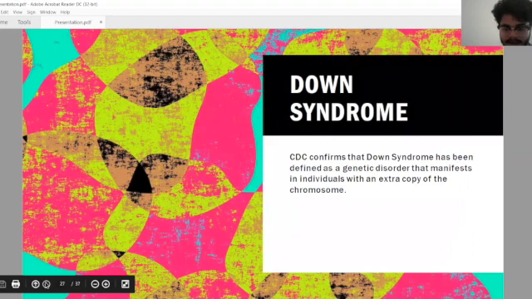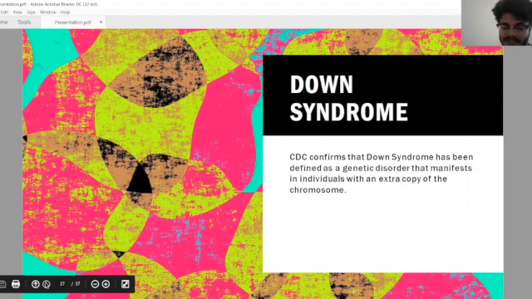And the CDC actually covers the topic of Down syndrome in greater detail than I was able to find in any other resource. So they have defined Down syndrome as a genetic disorder that manifests in individuals with an extra copy of a chromosome.